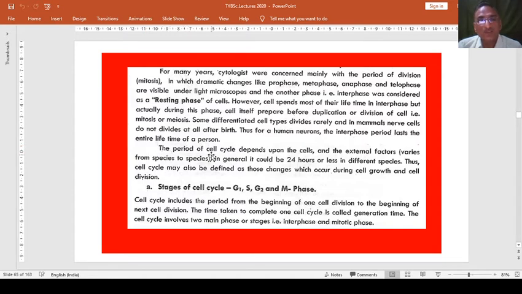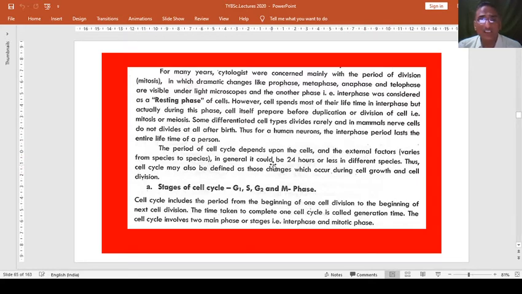The period of the cell cycle depends upon the cells and also on external factors, which vary from species to species, because every animal lives in a different environment, so the external factors are variable.